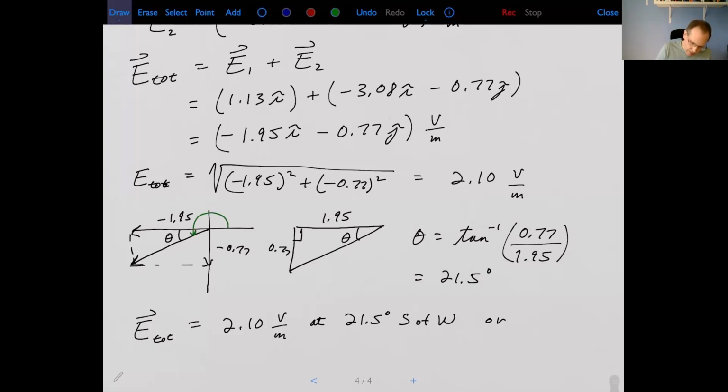So it'd be 180 plus 21.5, which is 201.5 degrees. So you could either say the total electric field is 2.10 volts per meter at 21.5 degrees south of west, or you could just give one particular angle and it's implied that it's measured from the positive x axis counterclockwise.